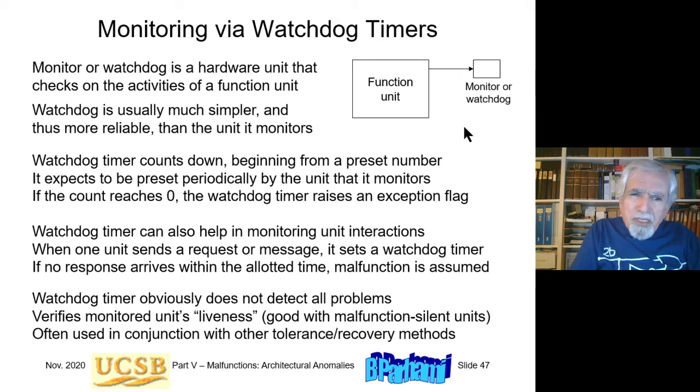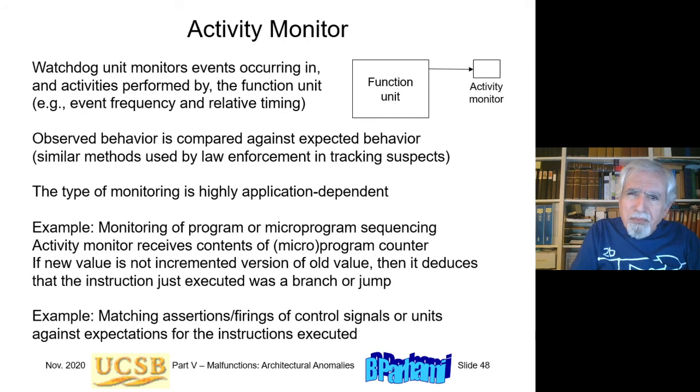Okay, I won't go through the details of these 2 slides. Also, an activity monitor can do similar things to check whether the activity of the function unit is reasonable or what we expect.